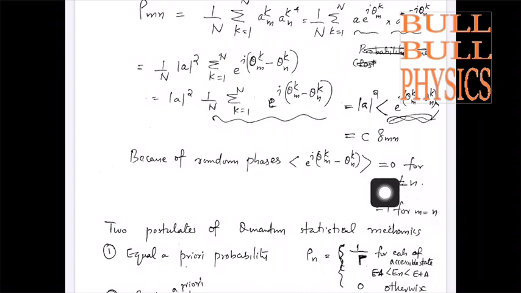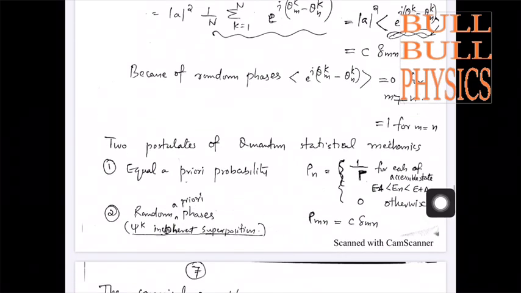For m equal to n, the phase will be the same, so theta km minus theta km will be 0, and we will get 1. For m not equal to n, this ensemble average is equal to 0 because of the random phases.